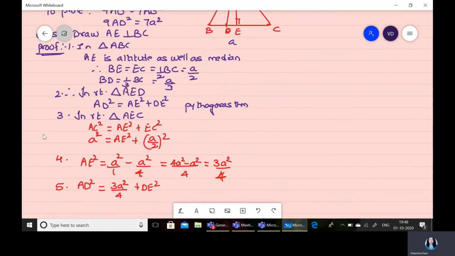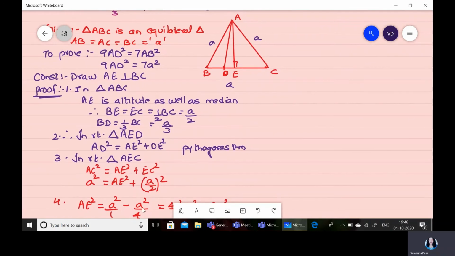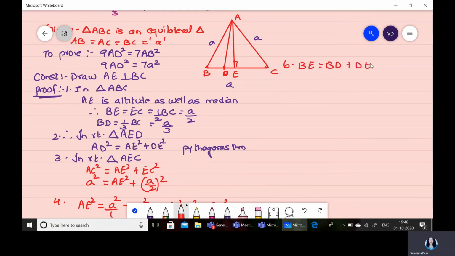So this is the 4th step, 5th step. So we can just continue here saying that here 6th step. Here I'll write BE is nothing but BD plus DE. So our aim is to find that DE should be written in terms of A. BE is what? A upon 2. Correct? And we know that BD is also A upon 3, which is given, and BE is BD plus DE.